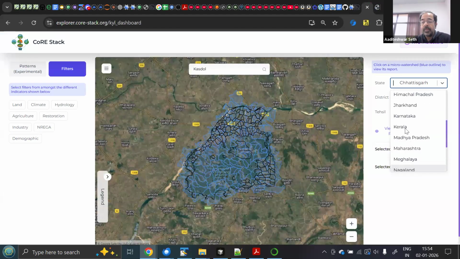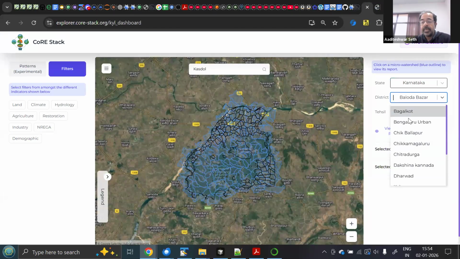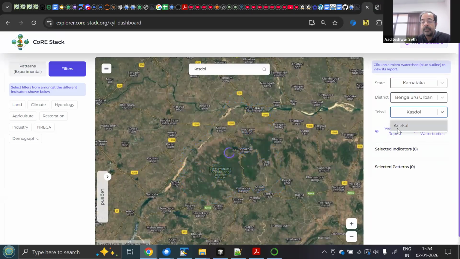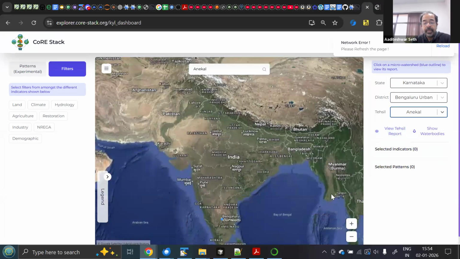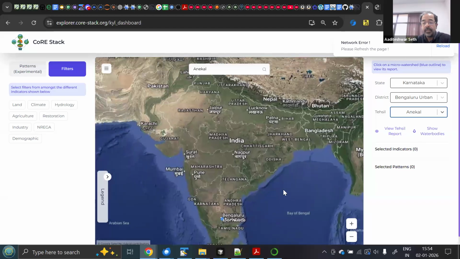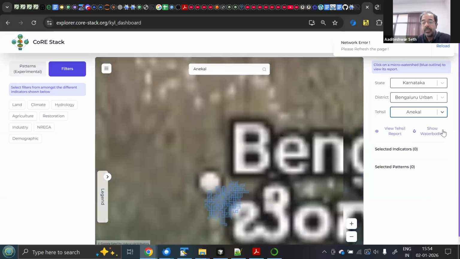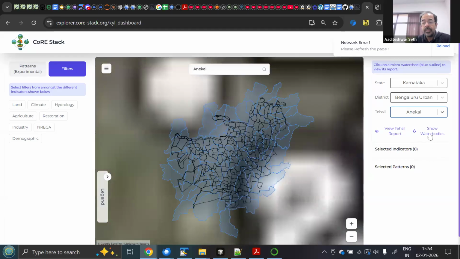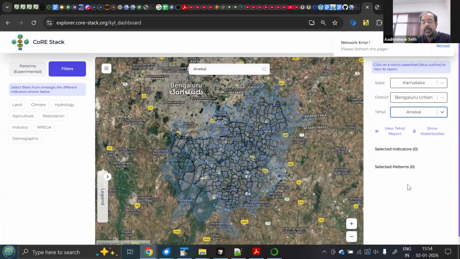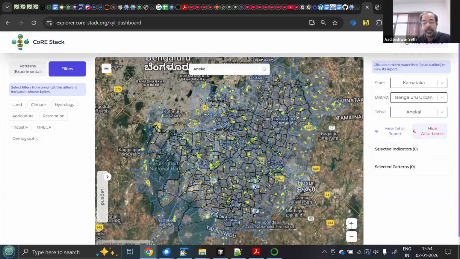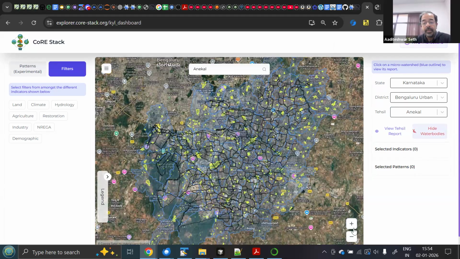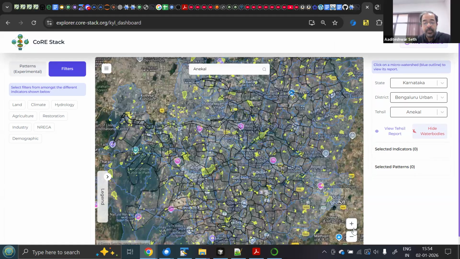But if you've seen some of this water body data, right in Anikal over here, if you turn on this water body layer, it will take a couple of seconds. Okay, it came up very quickly. These are those tanks that Kaustav is interested in studying.